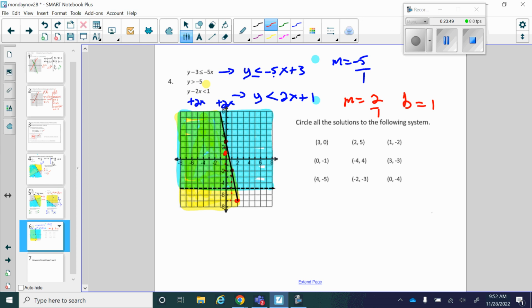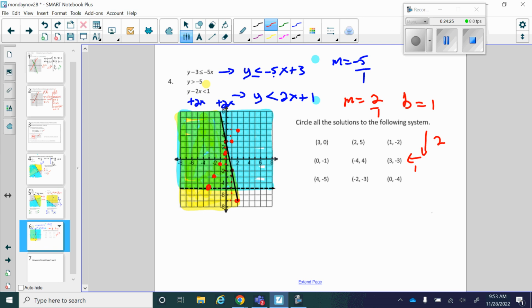And then I'm going to go up 2, to the right 1. I want to go in reverse now. So therefore, I'm going to go down 2, left 1. Back to my starting point, down 2, left 1. Do it one more time. Down 2, left 1. And let's connect my dots now.